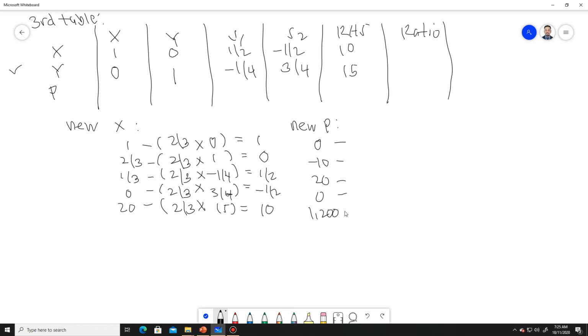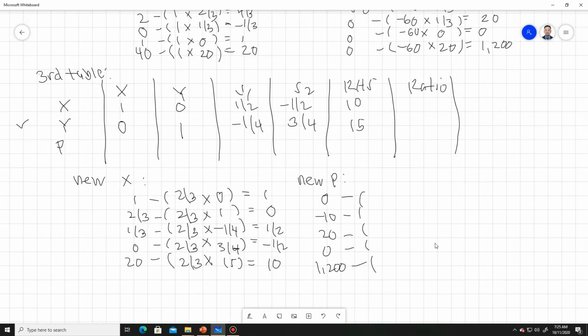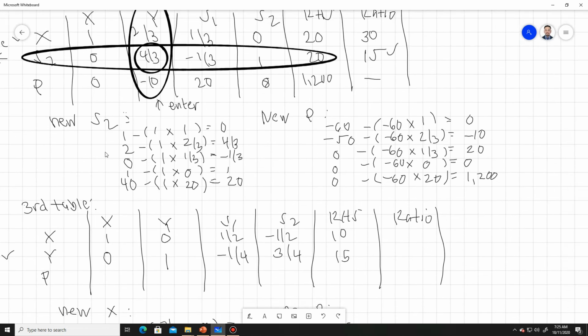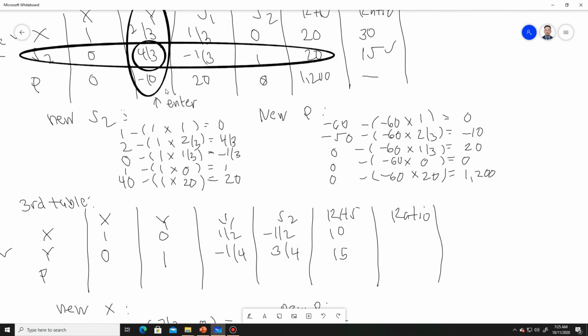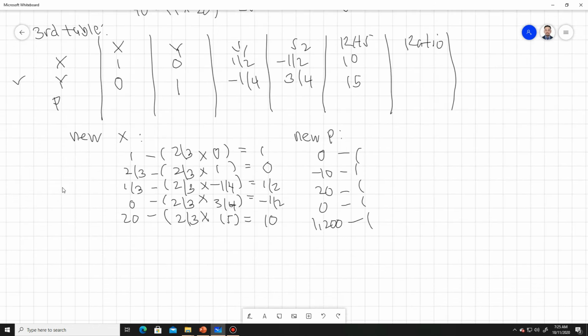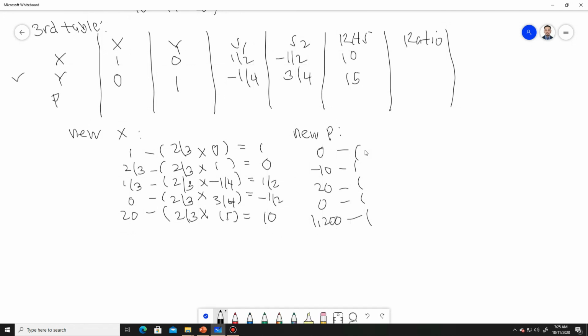Minus, open parenthesis, the intersectional elements of old row. So, ano yun? So, sa P, we have negative 10. Ito. So, negative 10.